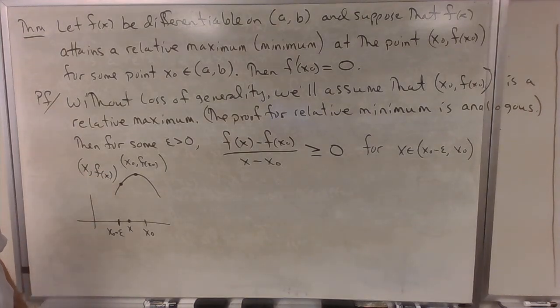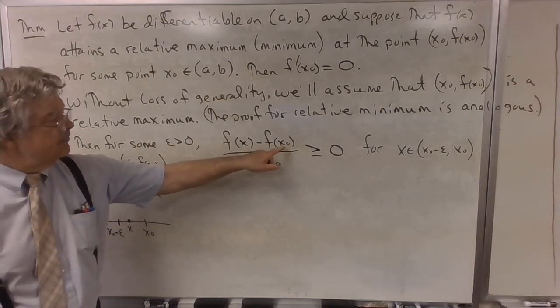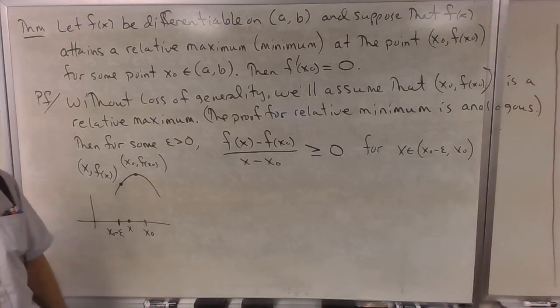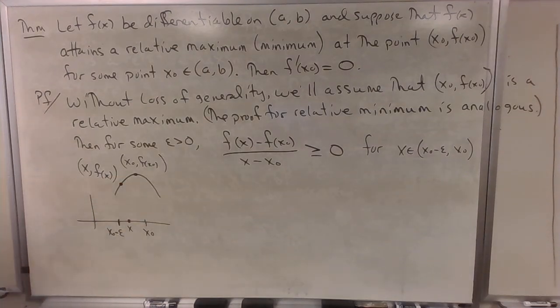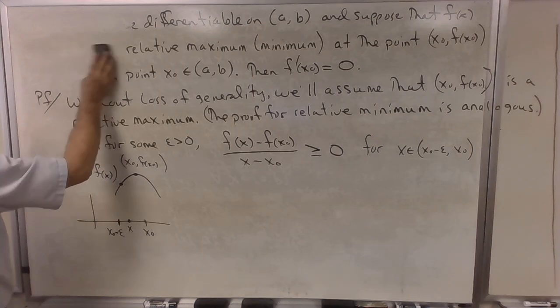So f of x minus f of x naught is negative also. So the quotient is positive. Now we'll do the same thing for x values to the immediate right of x naught.